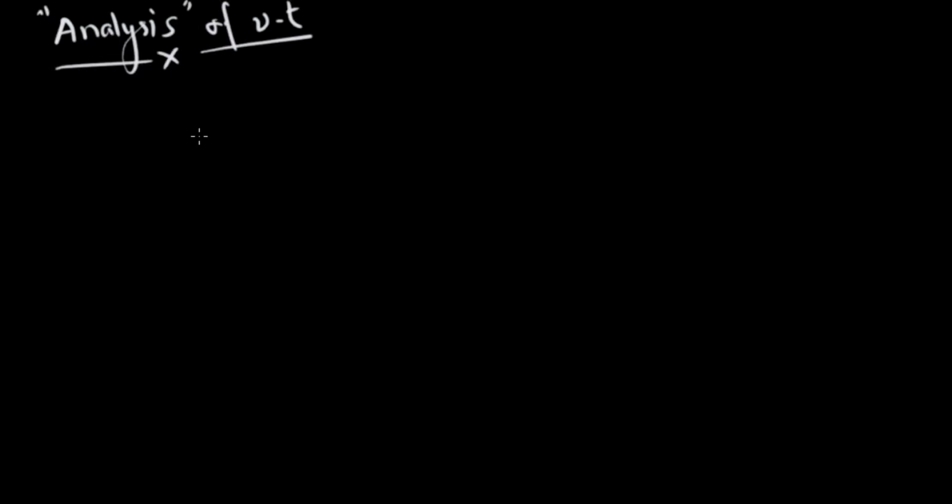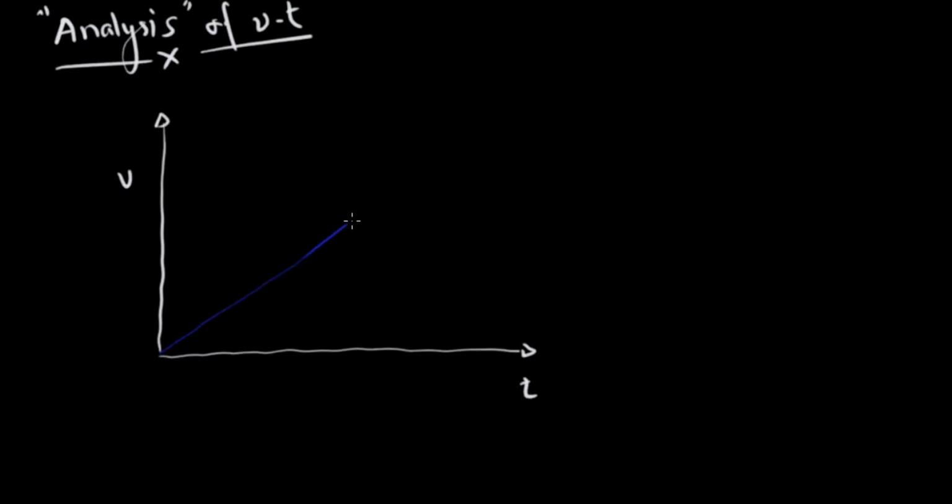Like if suppose I have a VD graph, let me just give you a very simple example at first. I got this VD graph where the line is something like this. Okay, now it seems like the VD graph is a straight line.